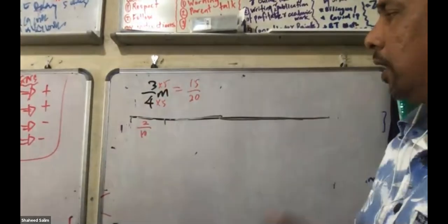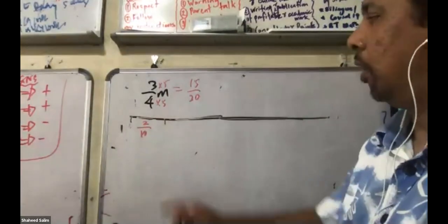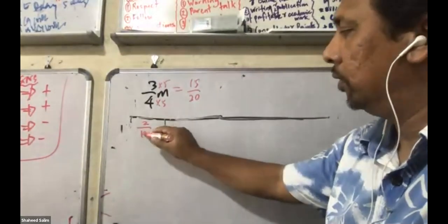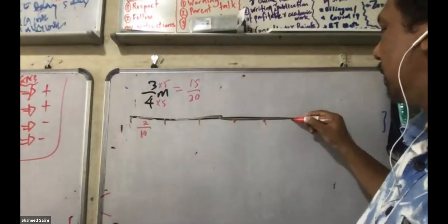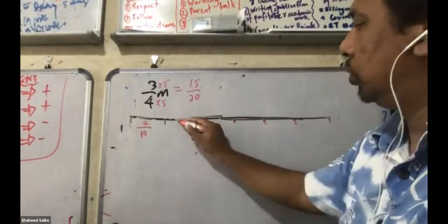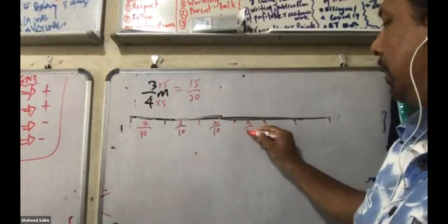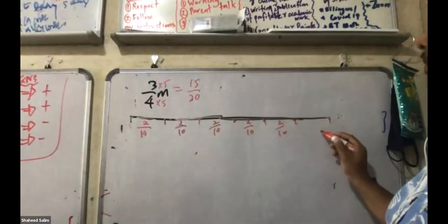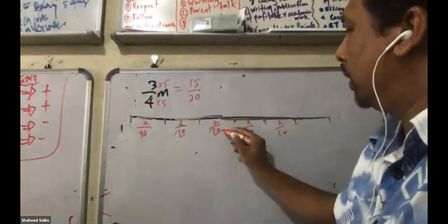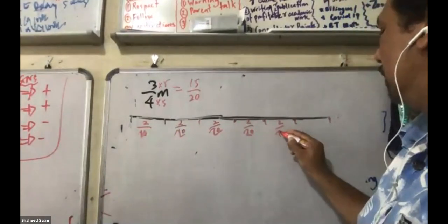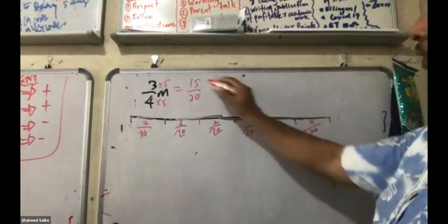So now we want to find out how many pieces of 2/20 we can get. We cut another one, and another one. So 2/20, 4/20, 6/20, 8/20, 10/20, 12/20, 14/20. Now we have 15.